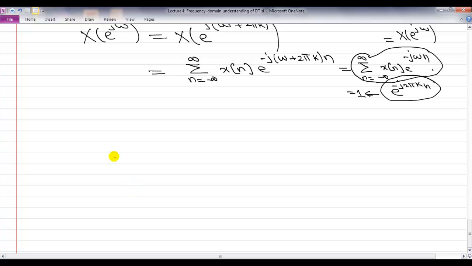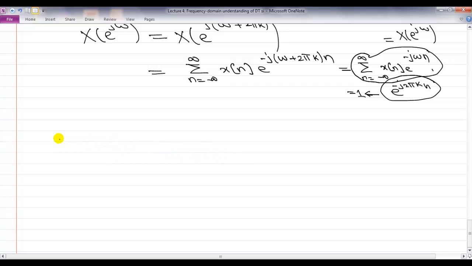Now, before I give you examples, I just want to make sure that we are able to interpret the DTFT. DTFT is really telling us about the individual frequencies that make up my discrete time signal. In particular, the magnitude at a particular frequency tells us about the magnitude of that frequency, and the phase tells us about the phase of that.